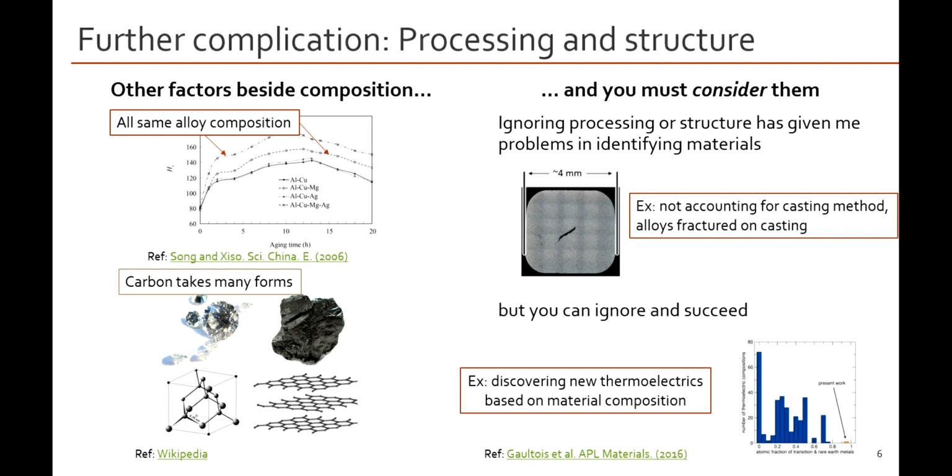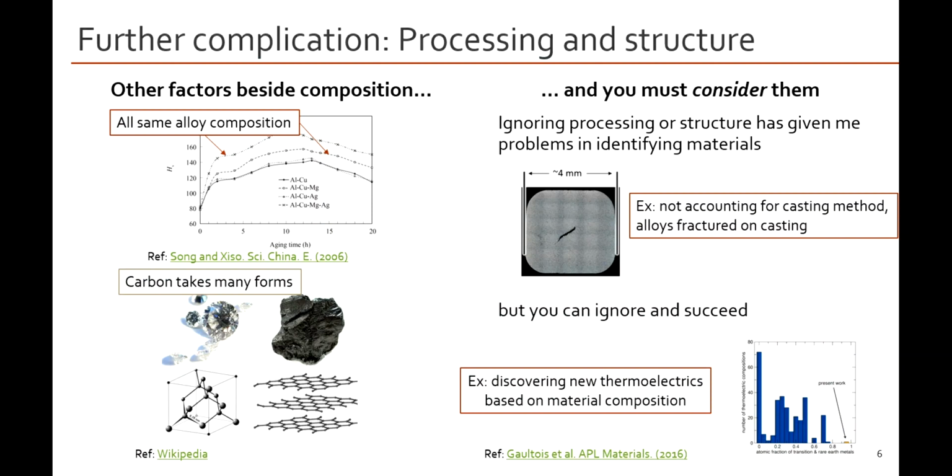And one of the key complications with modeling materials is you may get into trouble if you don't consider effects of processing and structure. I've had experience with this in my own work, where we tried to design alloys that were processable using one casting method called injection molding, and we found that our materials ended up fracturing using this method and not using other casting techniques such as copper mold injection casting, which happened to be the primary way materials were fabricated within our data set.